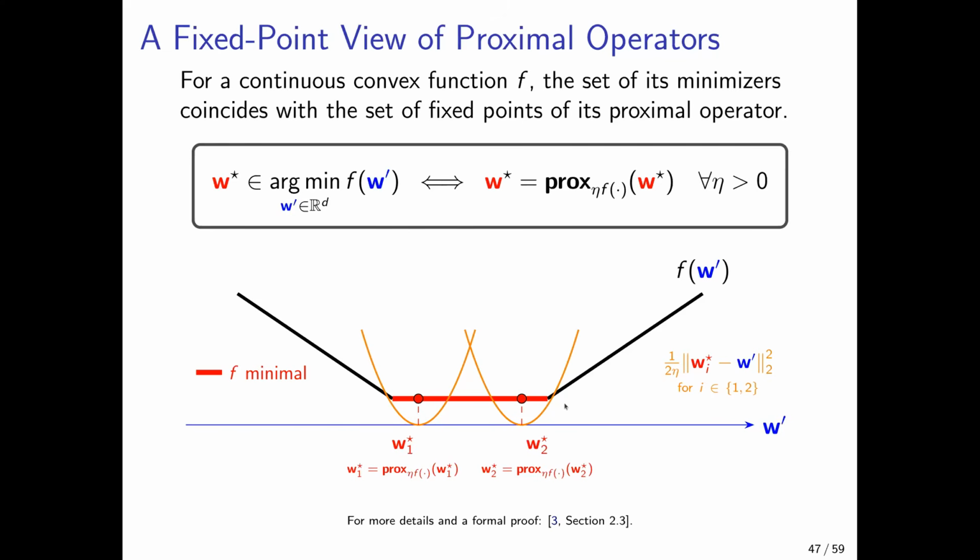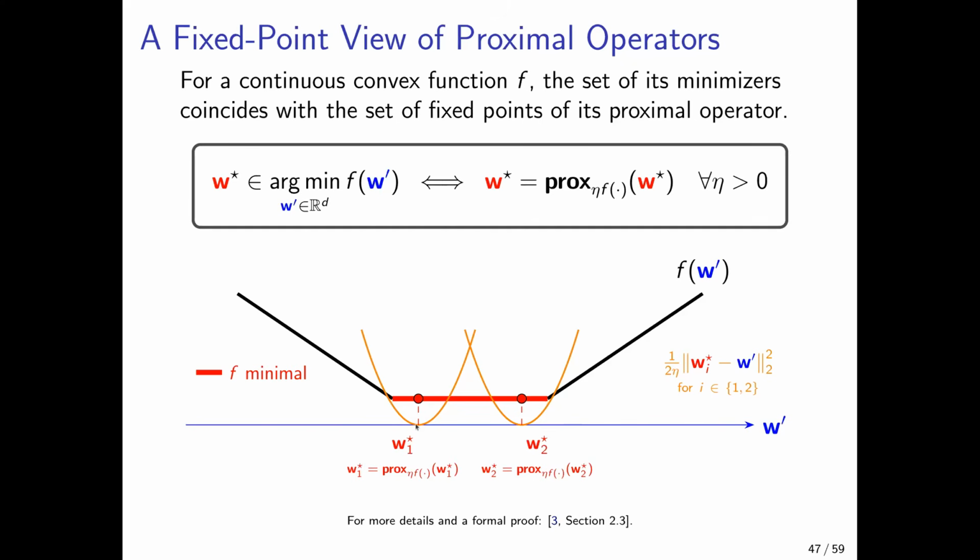So it's like sets that are equivalent, the set of minimizers and the set of fixed points. Once again, the precise proof of this is beyond the scope of this lecture, but we have here another reference for more details. To provide some intuition why this is true, you can have a look at this picture. We see a plot of this function f, which is convex, but doesn't have a unique minimizer, but instead this entire set of minimizers on this constant line segment.